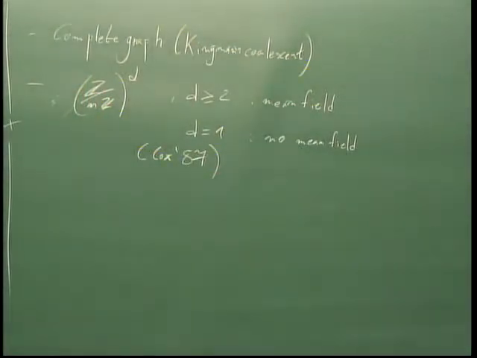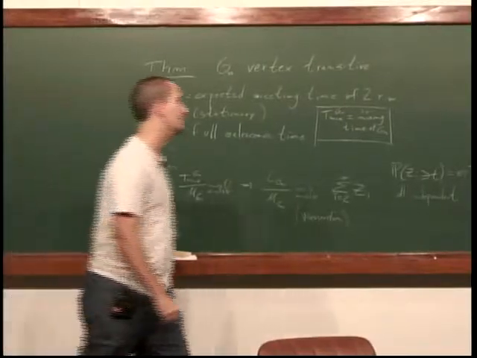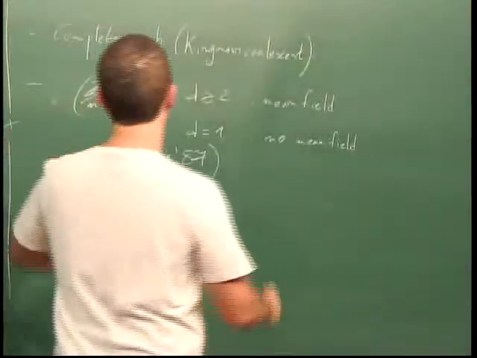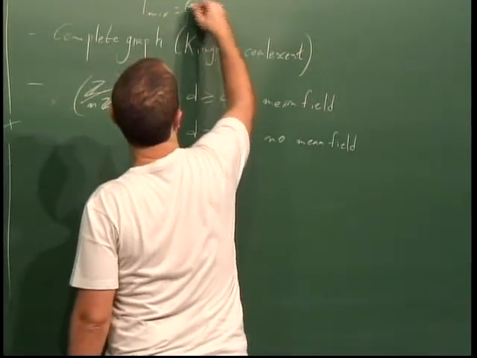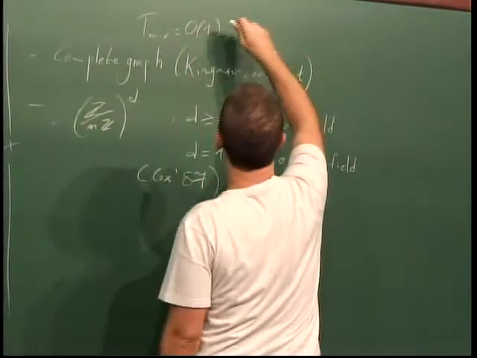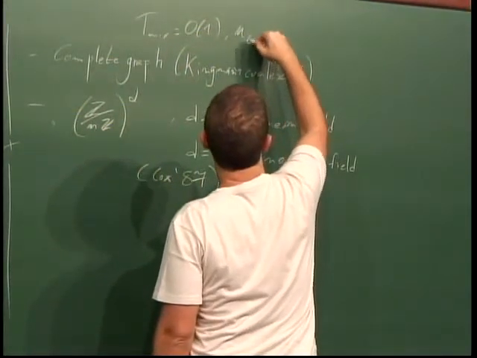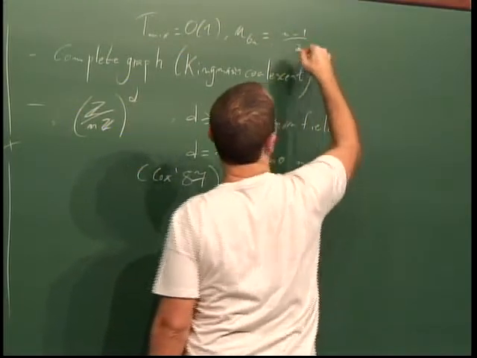But yes? What are these T-mix and mu for these models? That's what I'm going to say right now. Well, for the complete graph, you have T mix equals big O of 1, and mu sub g n equals n minus 1 over 2.